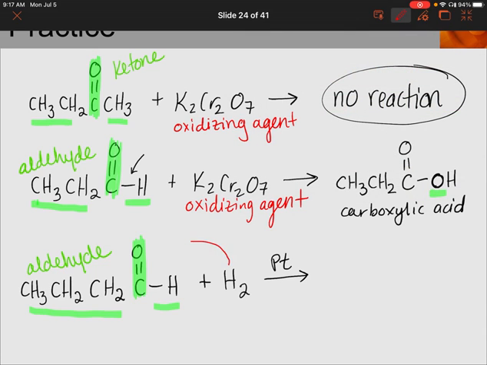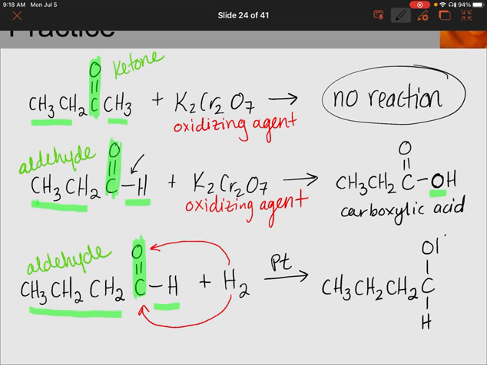So again, one of those hydrogens adds to the oxygen, one adds to the carbon. So let's draw our product here. Okay, so we've got our two hydrogens that added across the double bond to create an alcohol.